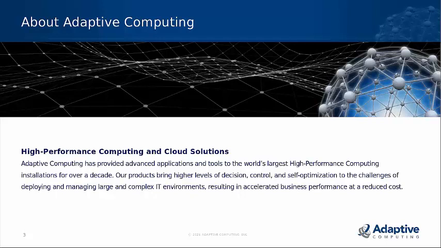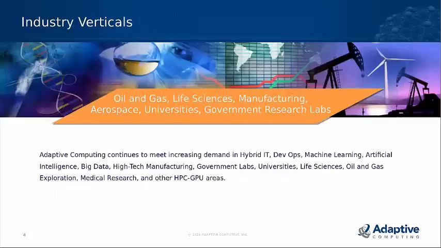We work in most industry verticals, like oil and gas, life sciences, manufacturing, universities, and research labs, especially scientific labs that require high-performance environments to process their workload, especially with our legacy product called Moab, which is very well known in the industry.